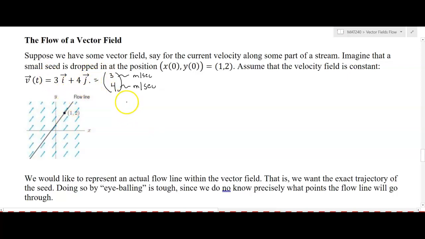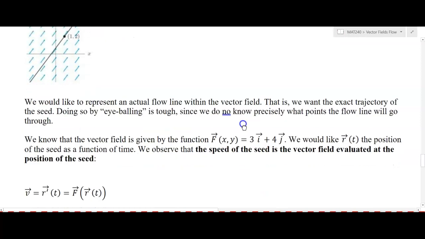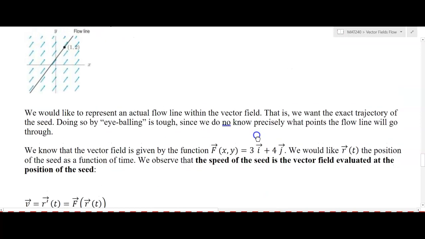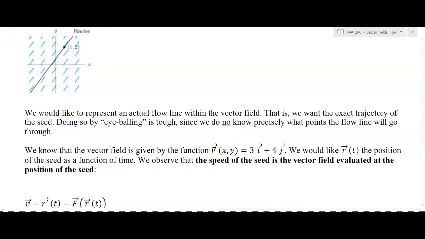So if this is the velocity vector and I want to represent an actual flow line within the vector field, that is, we want the exact trajectory of the seed. Doing so by eyeballing is tough, right? It's hard to say exactly where that will stay. Maybe in this case it's a little bit easier because these vectors are all straight and pointing in the same direction.